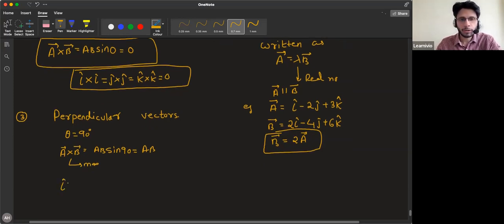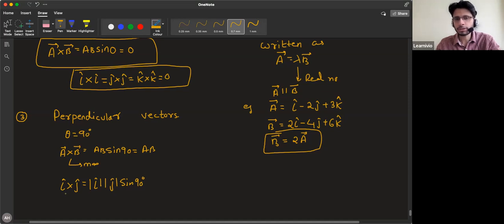If I ask you to calculate the cross product of I cap and J cap, you can do it this way: magnitude of I cap, magnitude of J cap, into sine of the angle. What is the angle between I cap and J cap, Memuna? 90. Sine 90.